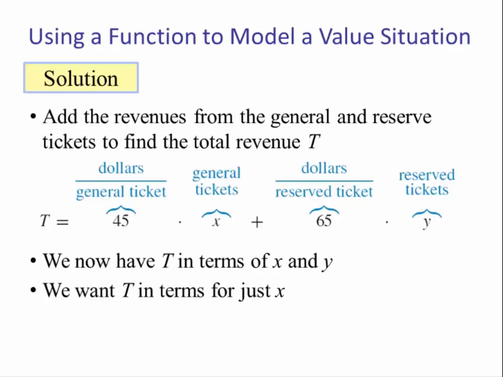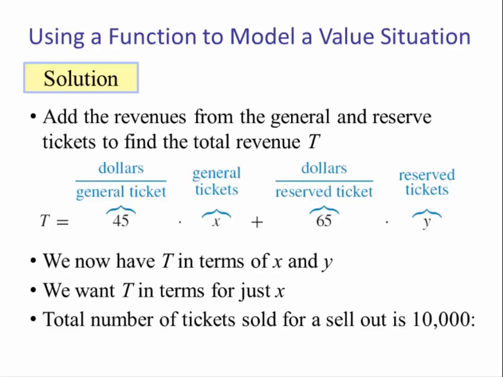So we have two variables and only one equation. If we can put T in terms of X, then we will have one equation with only one variable, X. The total number of tickets sold for a sellout is 10,000, so X plus Y equals 10,000.